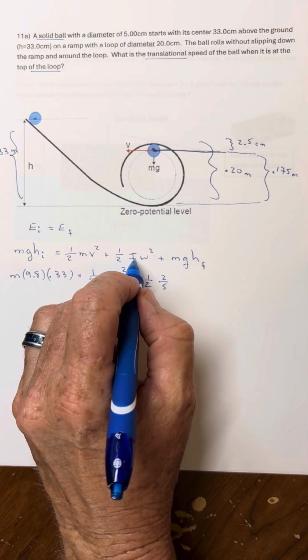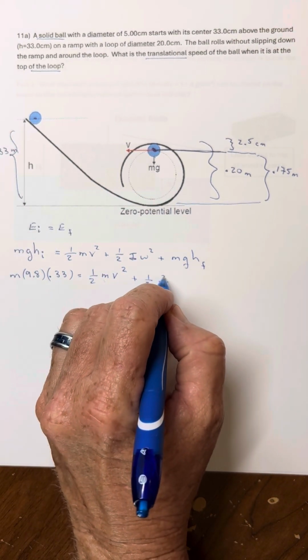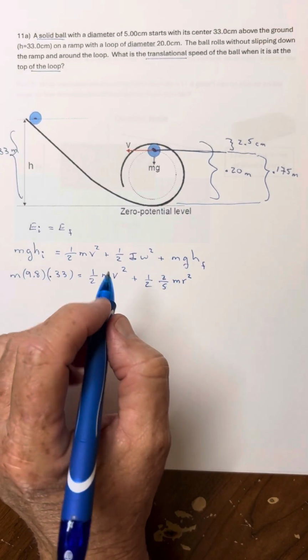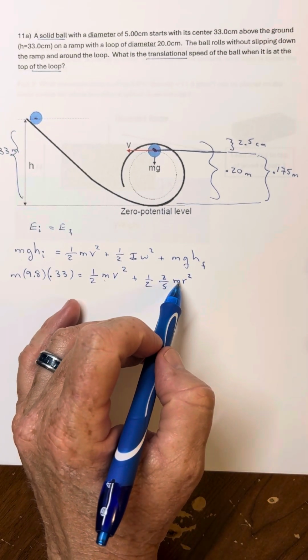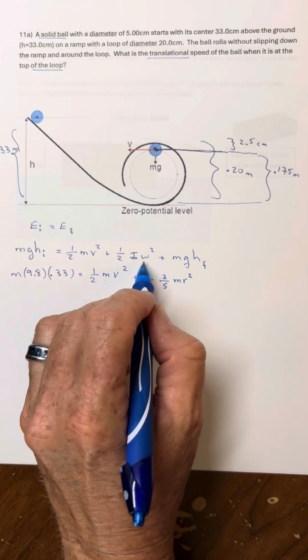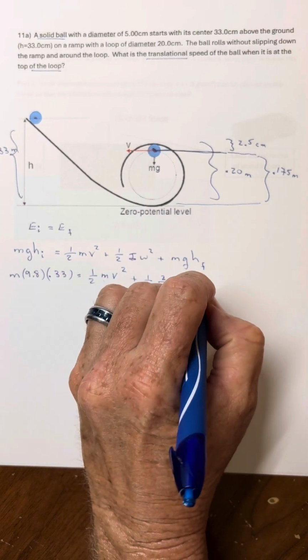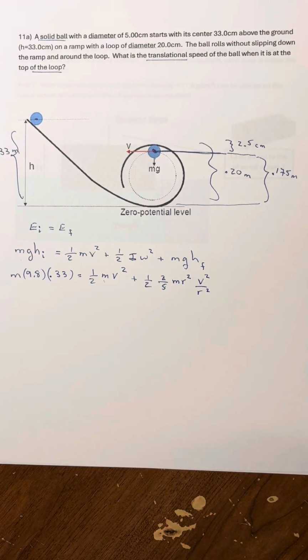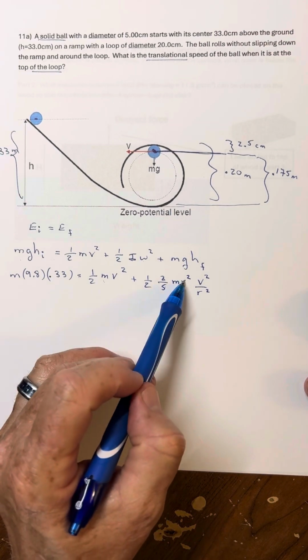So in the table in section 10.3, you'll see a 2/5 mr squared, where m is the mass of the ball, which I don't know, and r is the radius. Radius I do know, but I'm going to hold off putting it in because angular speed is linear speed over radius. And so the r's are going to cancel.